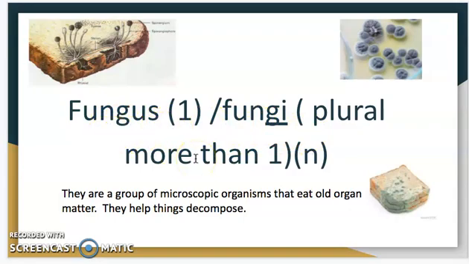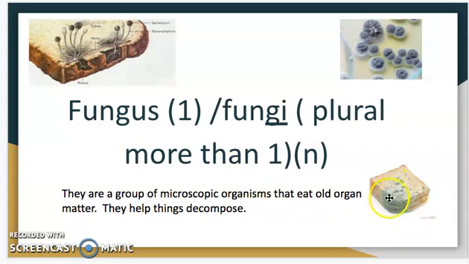So what is a fungus? Well, fungus is a group of microscopic organisms. Remember, microscopic means they're so tiny they can only be seen under a microscope. They are organisms that eat organic matter. They help things decompose.